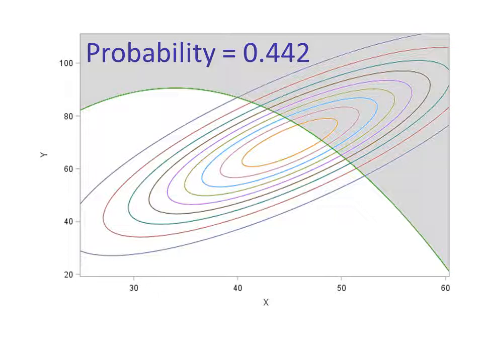PROC MCMC does this all behind the scenes, and all that remains at that point is to assess the diagnostics to make sure that you're actually in the target density and that you can believe the numerical integration results. That's a separate training on diagnostics. So there you go.